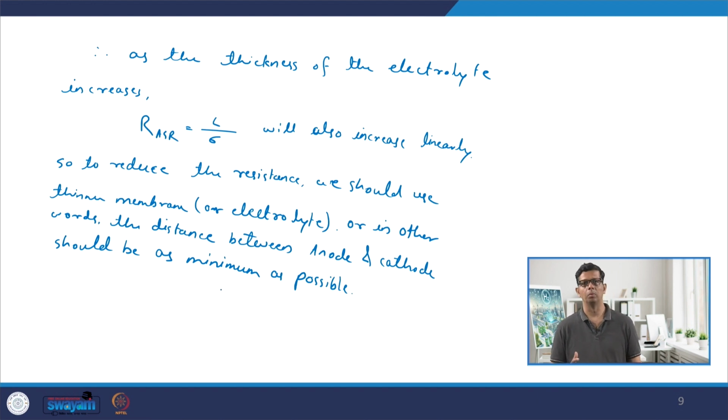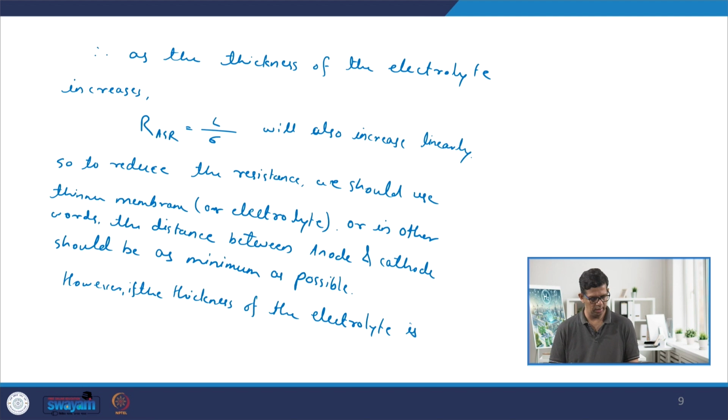But where does it lead to? So what are the consequences? In other words, what are the consequences of using a thinner electrolyte? If the thickness of the electrolyte is reduced, what happens?